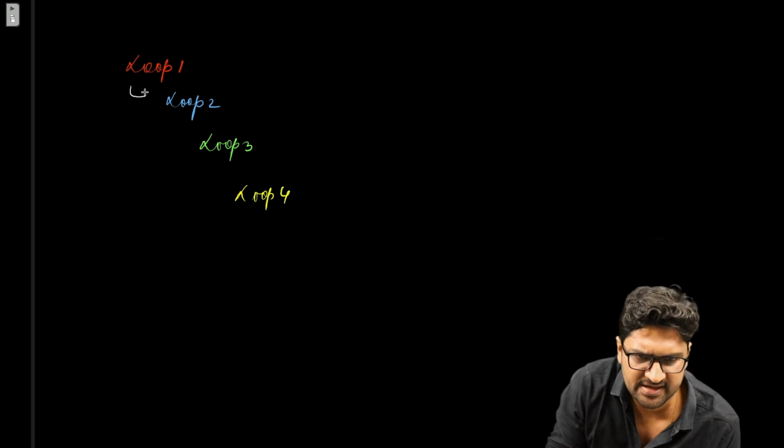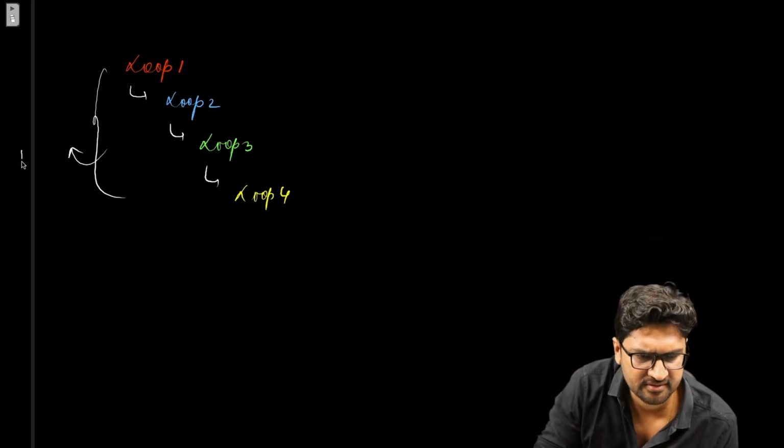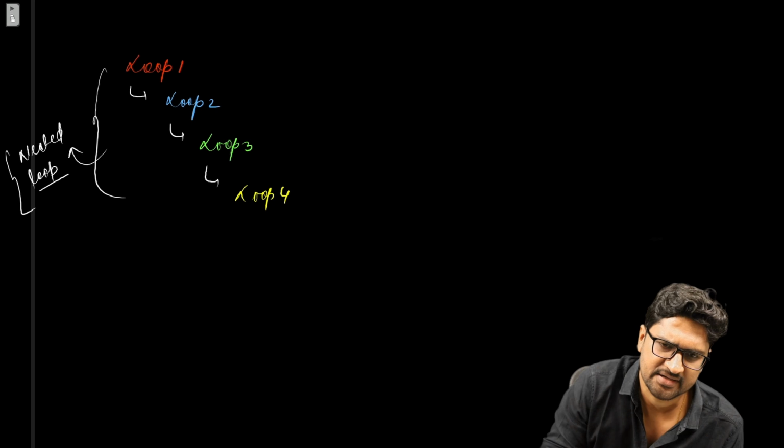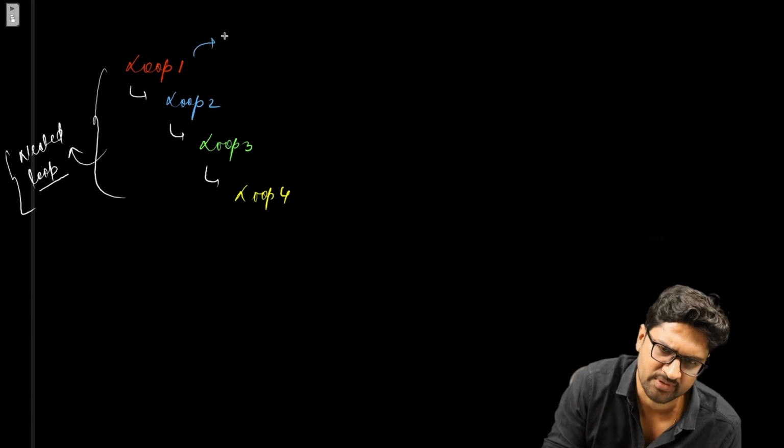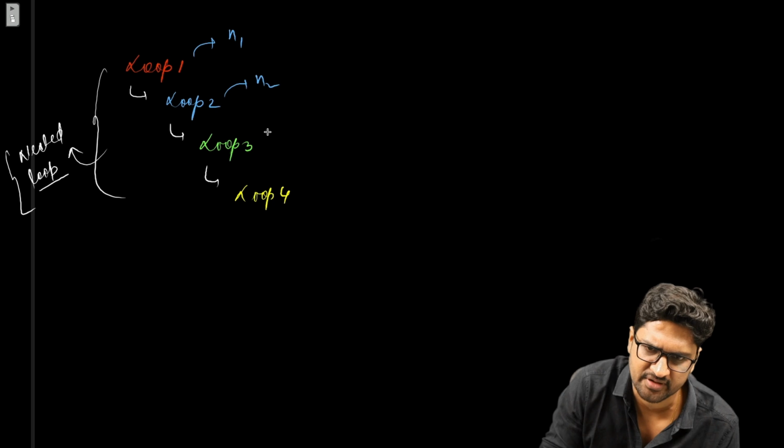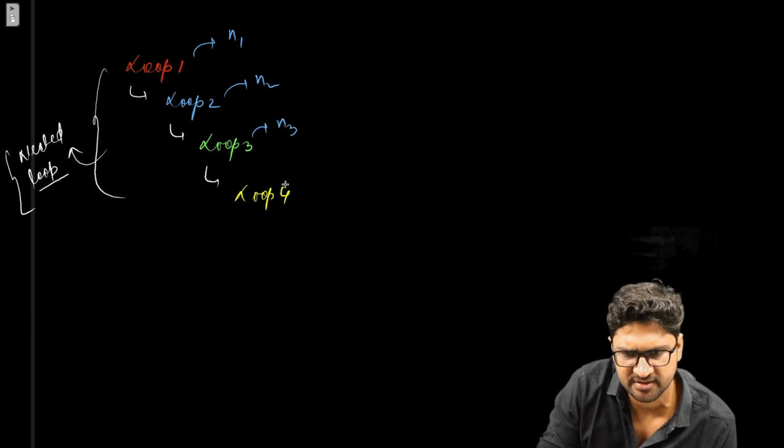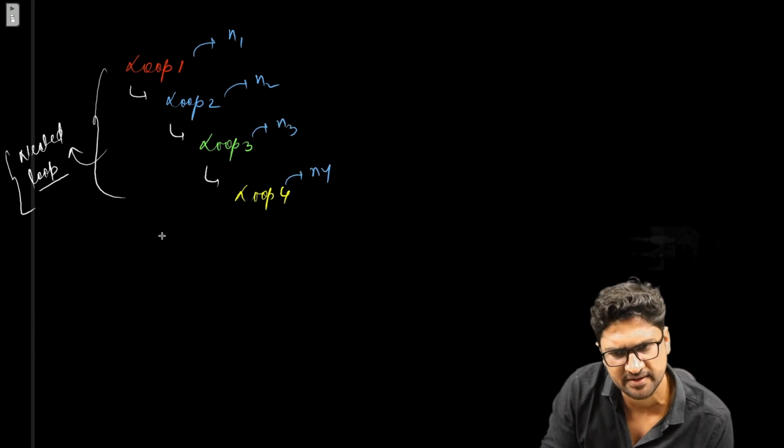Whenever we have this nested structure, whenever we have a nested loop, let's say this runs for n1 times, this runs for n2 times, loop 3 runs for n3 times, and loop 4 runs for n4 times.